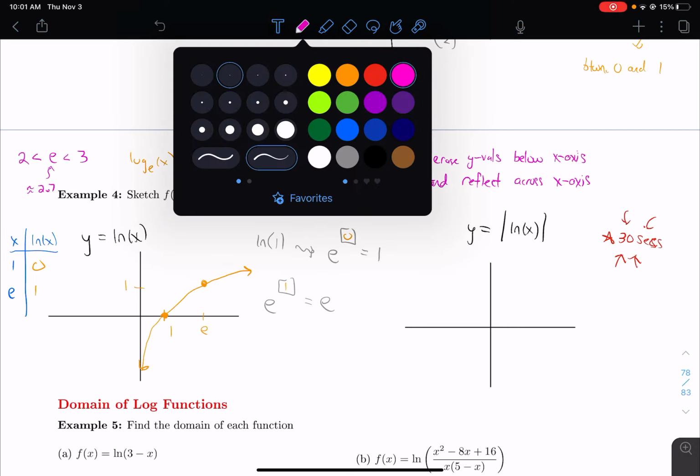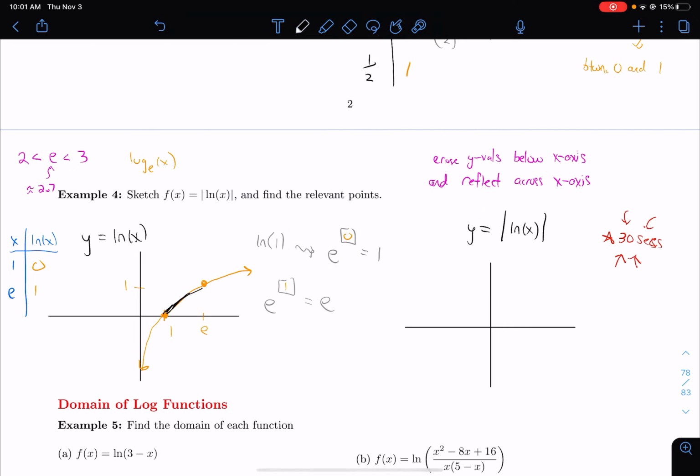Any part of the graph that's already above it, that already has positive y values, stays the same. So from x is 1 onwards this way, all of that's the same. I still have this point at e comma 1. But the part that was below the x-axis gets reflected up, and it's going to snuggle up next to my y-axis going this way. Okay, so that is my graph of absolute value of ln of x.